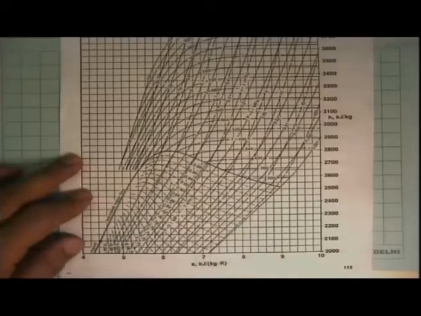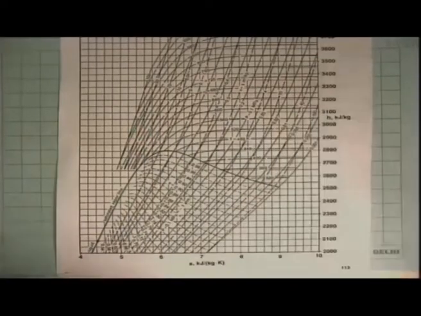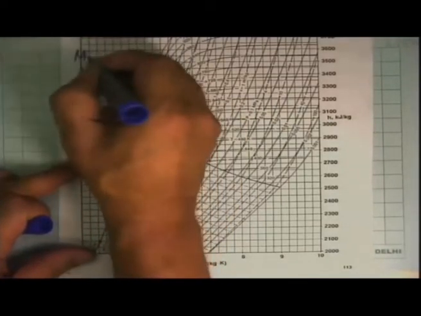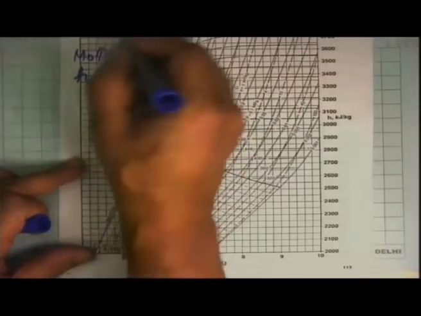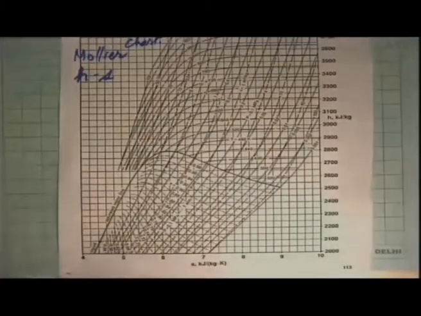This diagram has H on one side, S on the other side. So this is the HS diagram. And popularly this was known as the Mollier diagram or the Mollier chart. And a whole generation of engineers did design of thermal power systems and other steam-based systems with this diagram.